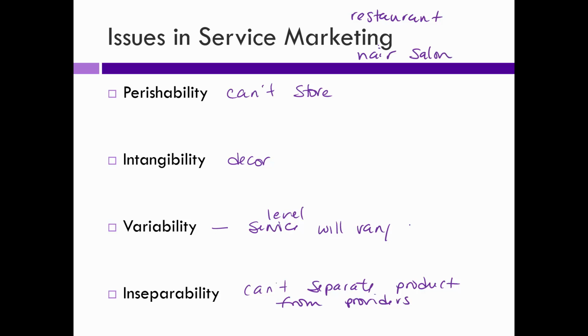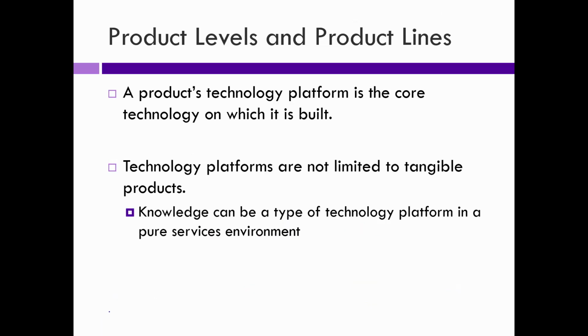And so if you just hit it once and this one person had a bad day, that's really how you're going to judge that restaurant or that hair salon. And that makes it very tough then, let's say you're the owner of the restaurant, it's hard to recover from that kind of thing. So trying to instill consistency and good training and all that kind of thing becomes very, very important, more so than in a tangible product.